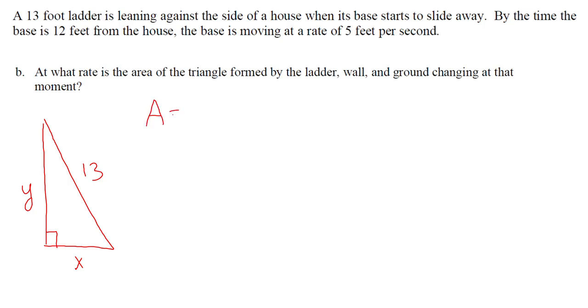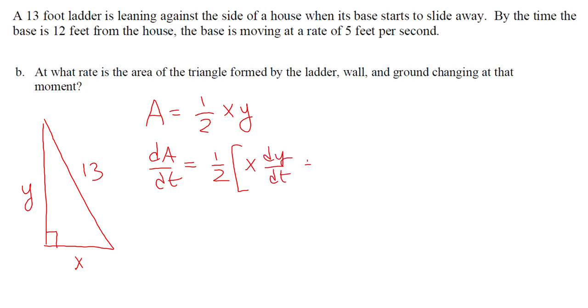So the area of this is just 1/2 the base times the height, 1/2 x times y. So we can just go right through and immediately take our derivative of this. dA/dt should be equal to 1/2 of x dy/dt plus y dx/dt.